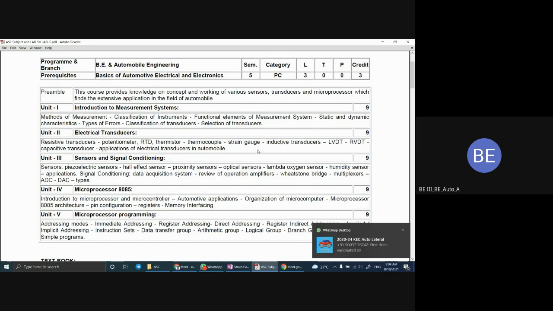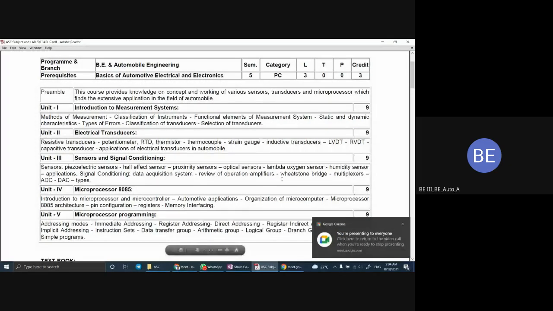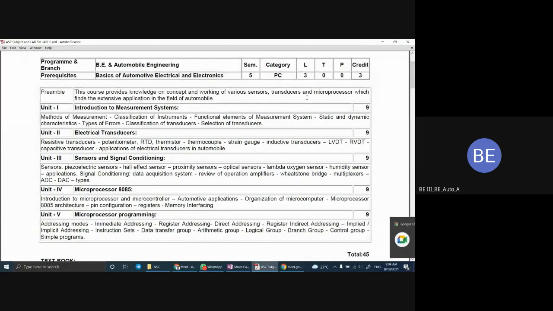Is it clear? Yes, sir. Everything I have posted in the materials. You only have to sit and write it on an A4 sheet and submit it.